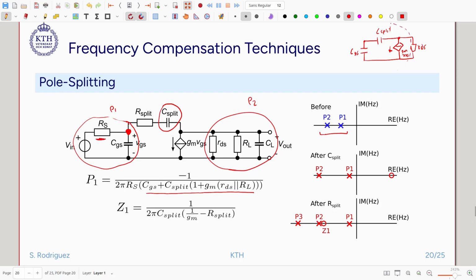As we studied before, this structure will behave like a resistance. That resistance will be around 1 over GM multiplied by (C split plus CGS) divided by C split.